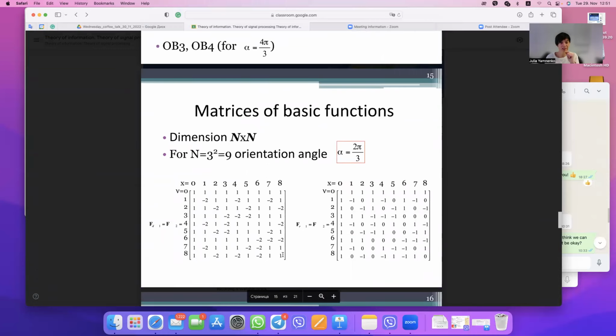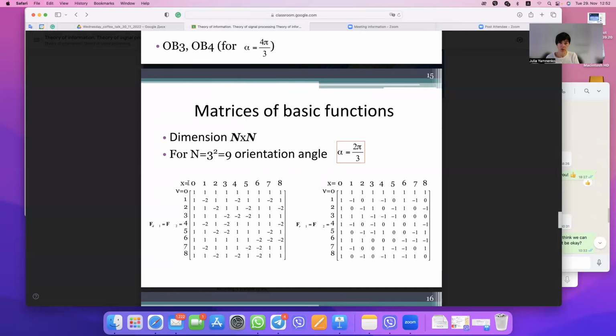And the most beautiful thing here is that the basic functions, of course, could be represented in the form of a matrix. This matrix will be square, with the same amount of vertical columns and horizontal rows. In this case, we have 3 to the power 2, so totally 9 values. That means the dimension of the matrix will be 9 by 9.